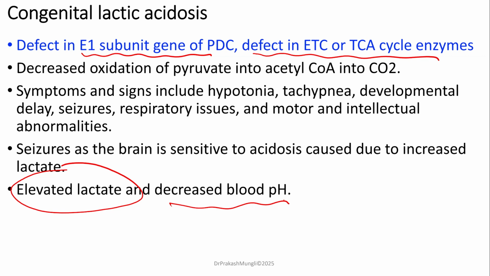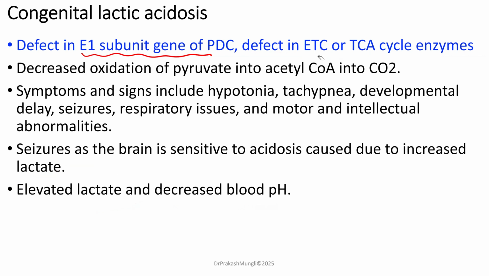Those are a couple of signs. Just to keep you aware that if there is a defect in PDC, the patient will show lactic acidosis. If it is seen at the time of birth, it is congenital lactic acidosis, and the common cause for that is E1 subunit mutation for PDC. Okay, so that is the thing.